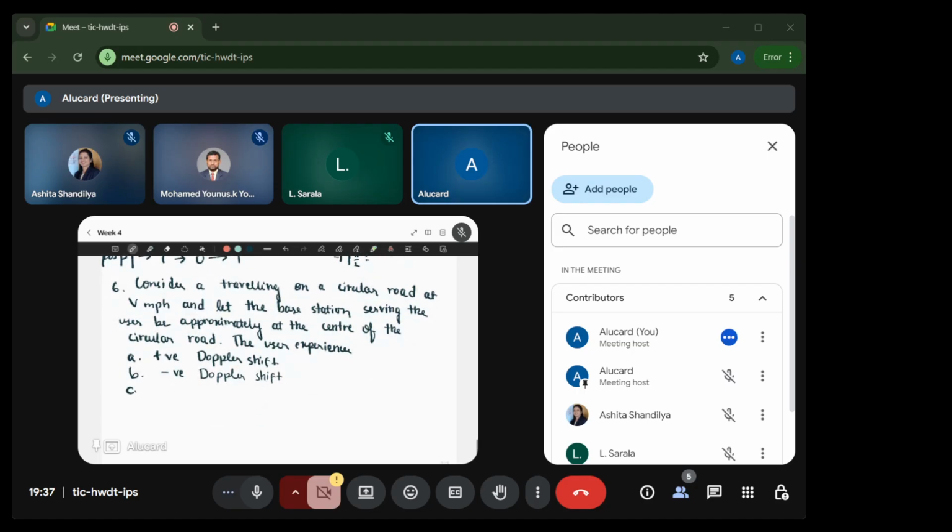C is the sign of the Doppler shift depends on whether the user is traveling clockwise or anti-clockwise. And D, no Doppler shift.